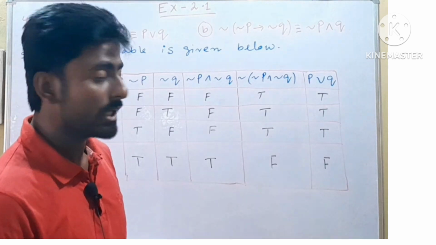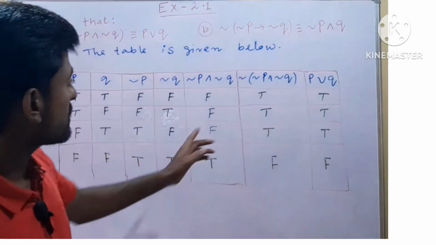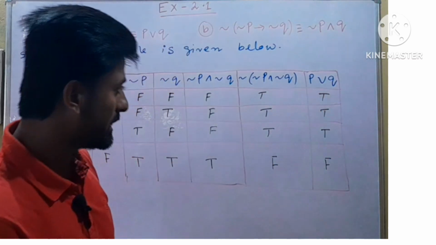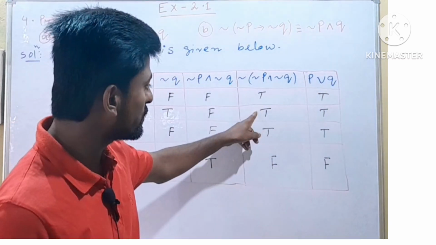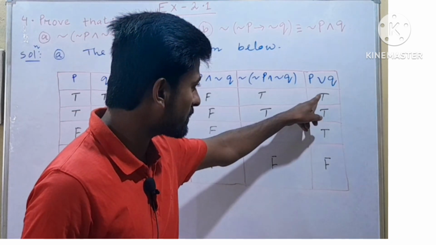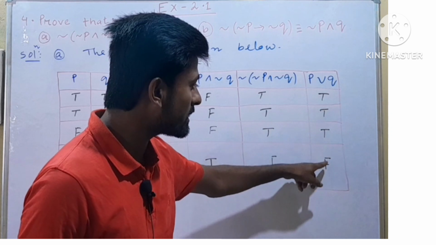Now here you see the elements of column 6 and column 7 are identical. That is, here true, true, true, then false, and the elements of column 7 are true, true, true, and then false.